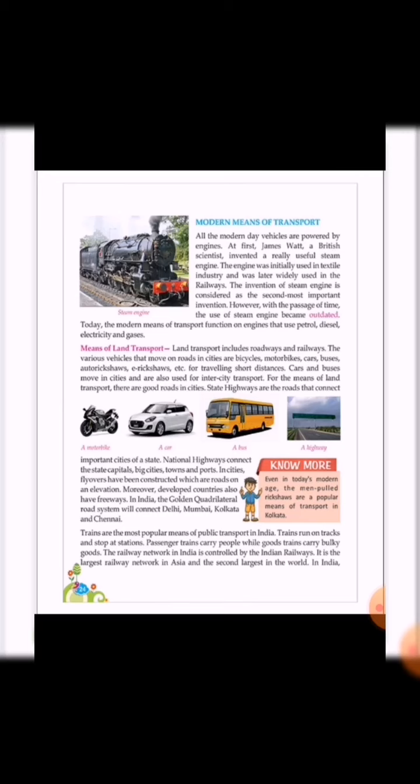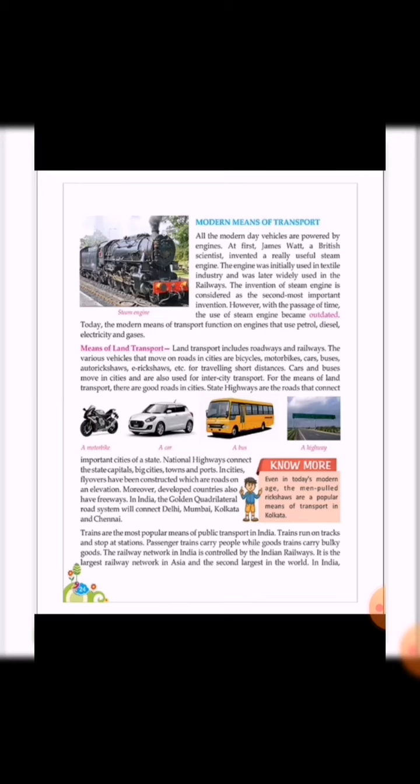Trains run on tracks and stop at stations. Passenger trains carry people while goods trains carry bulky goods. The railway network in India is controlled by the Indian Railways. It is the largest railway network in Asia and the second largest in the world.